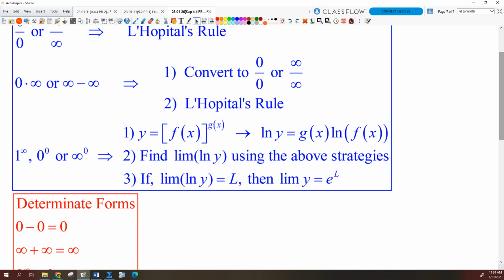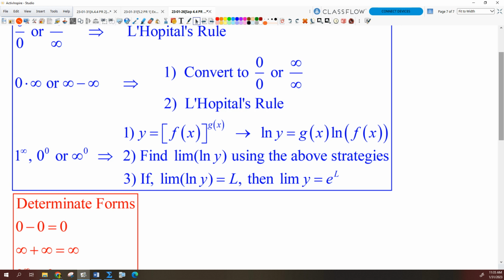We've got to convert that to the form 0 over 0 or infinity over infinity, then use L'Hopital's rule.